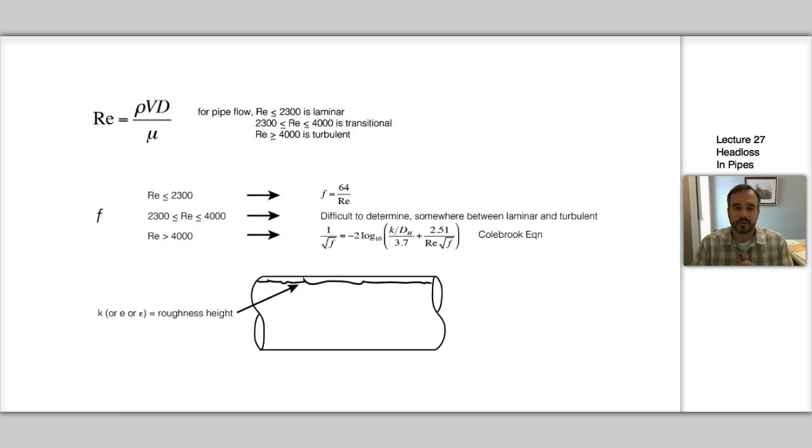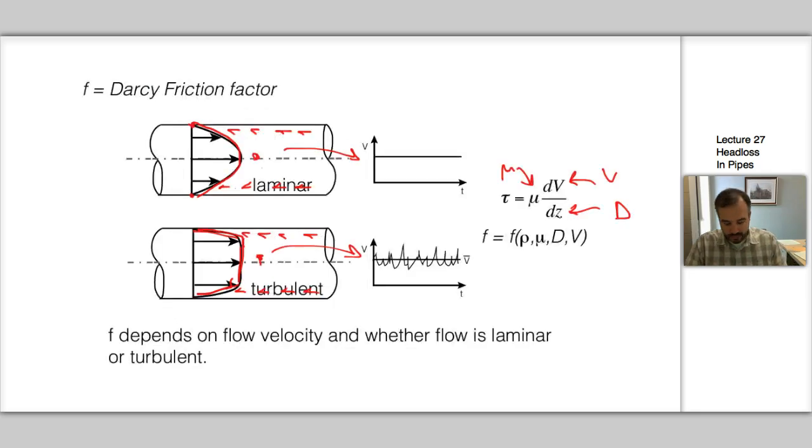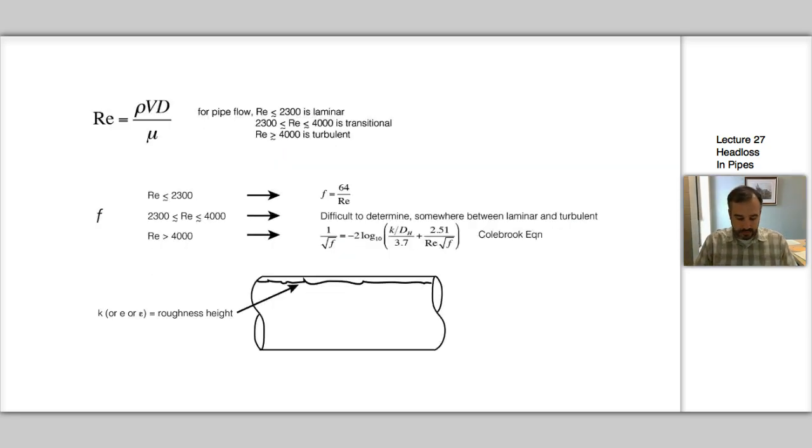It's called the Reynolds number. It's equal to the density of fluid times the velocity times the characteristic length scale d divided by the viscosity. And if you recall, look back at this, it includes all of these terms here, which is really nice for us. And for pipe flow, if the Reynolds number is less than approximately 2300, we have laminar flow.